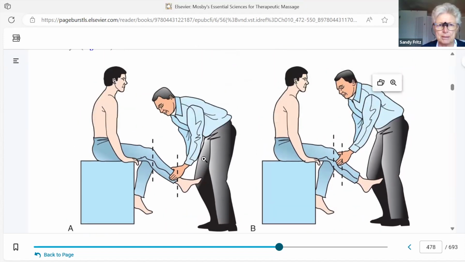A practical application of this would be muscle testing. So in this example here, we are looking to assess the strength of the quadricep muscle for knee extension.